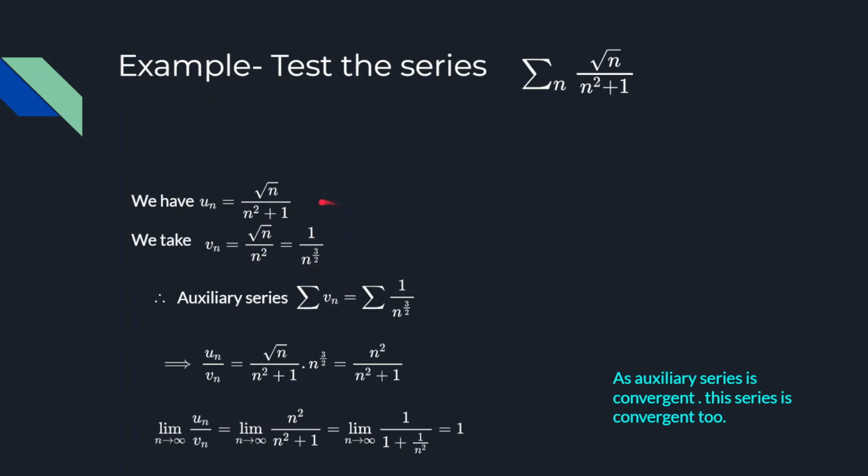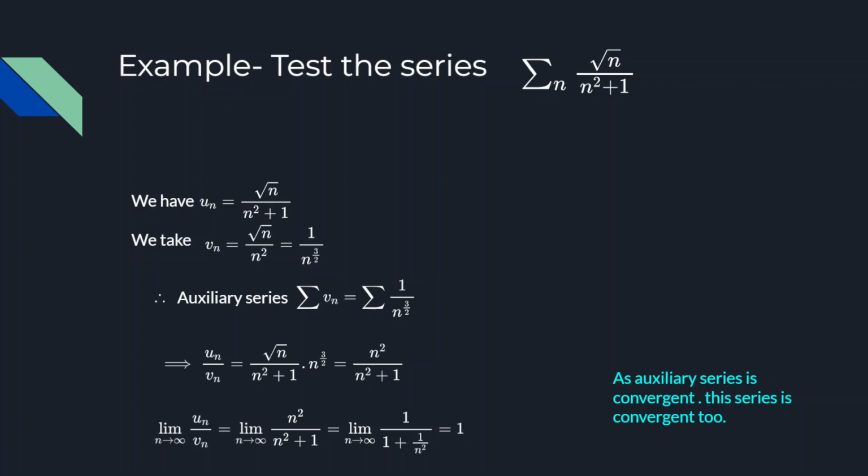This structure is the structure of the auxiliary series, so the sum of vn can be written as the sum of 1 by n to the power 3 by 2. This is the auxiliary series. Now we can write one more thing: the auxiliary series is a convergent series.